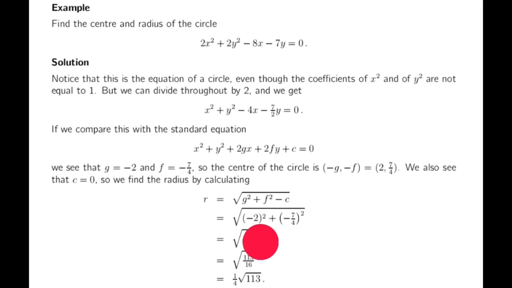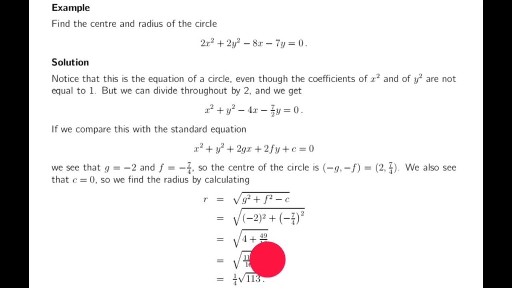Minus 2 whole square means minus 2 into minus 2, 4, plus minus 7 by 4 whole square equal to minus 7 by 4 into minus 7 by 4, that equal to plus 49 by 16.